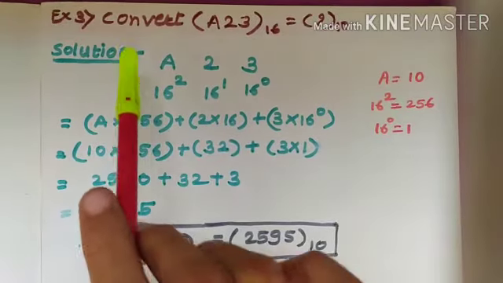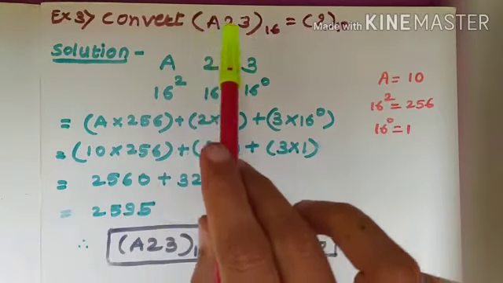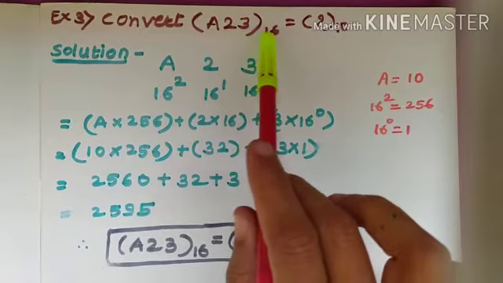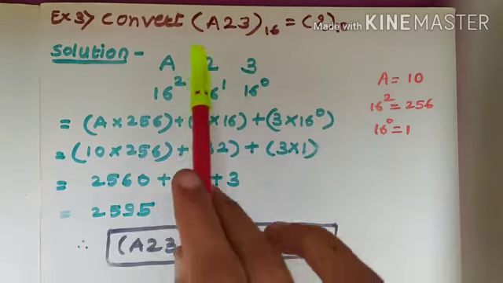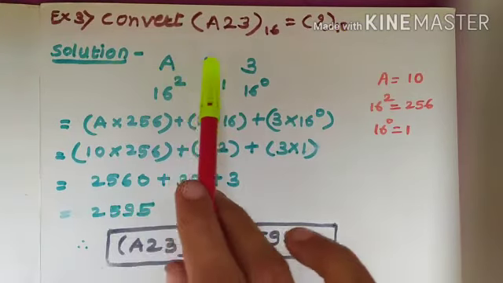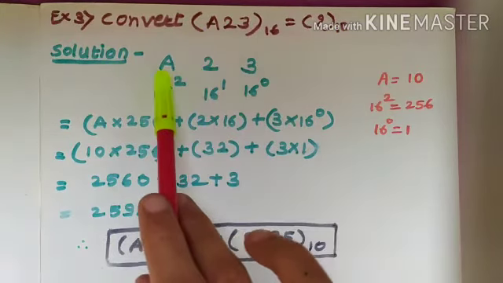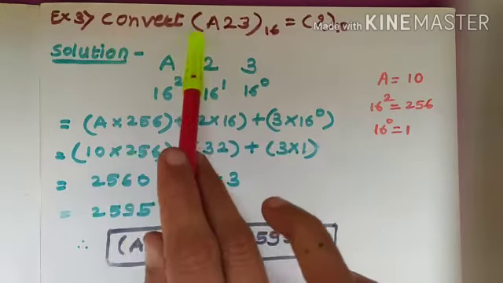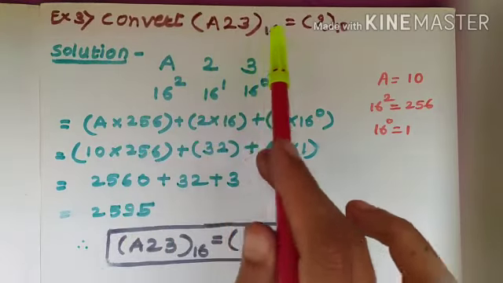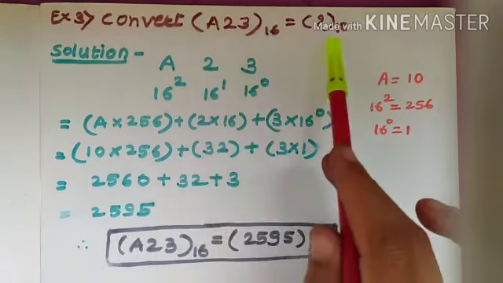Now student, if we have to convert A23 hexadecimal into decimal, then the solution is like this. Write the given digits separately. Suppose the given example is A23 hexadecimal and we have to convert this into decimal.